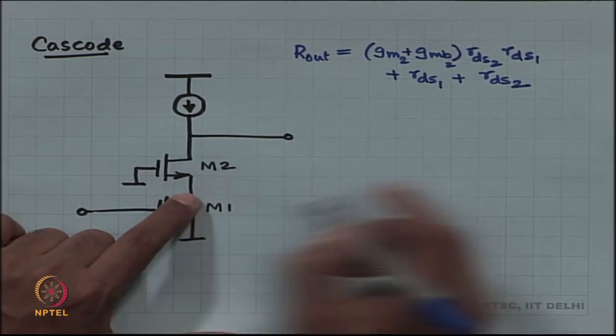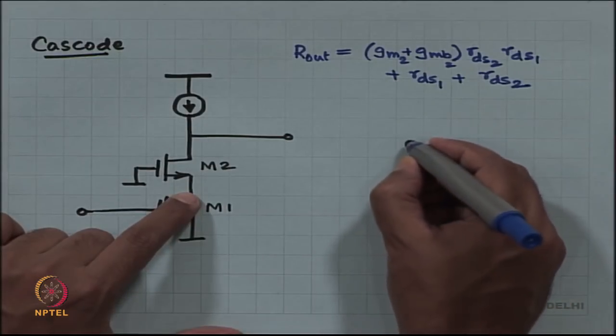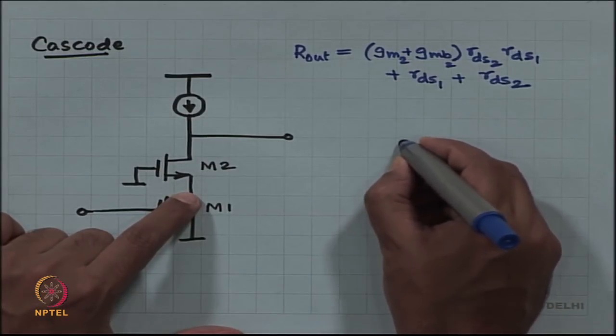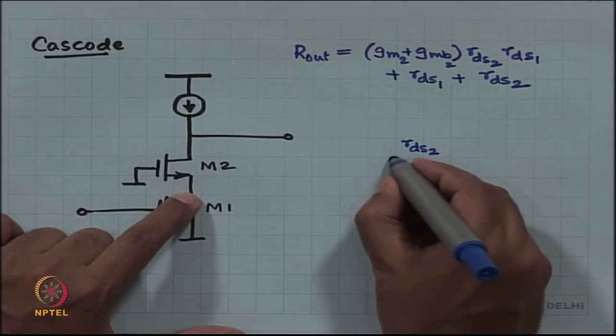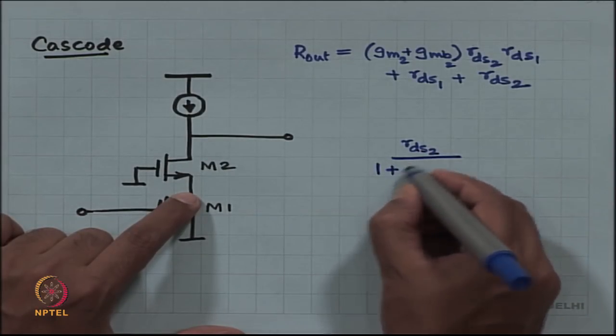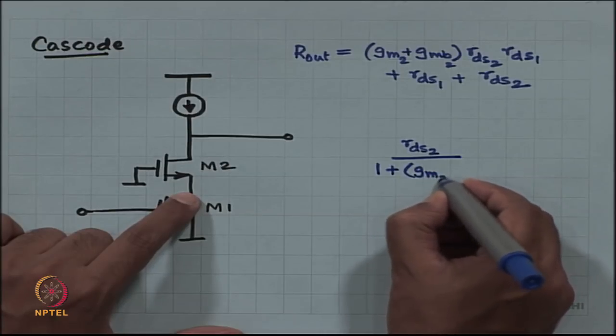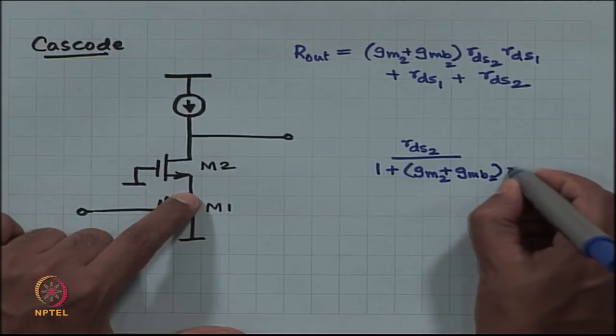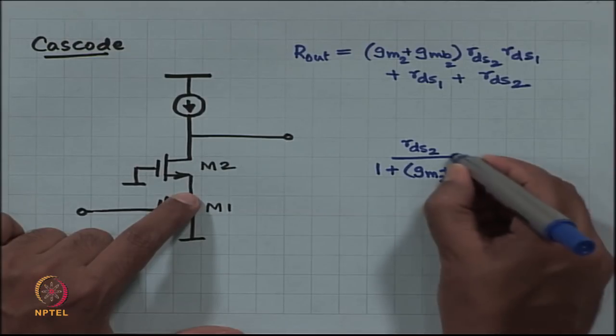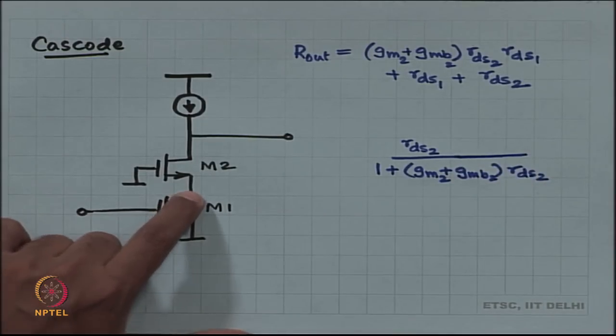So, looking into the source of M2, you will see an impedance RDS2 plus RD, which is 0, divided by 1 plus GM2 plus GMB2 times RDS2. This is what you see looking into the source of M2.